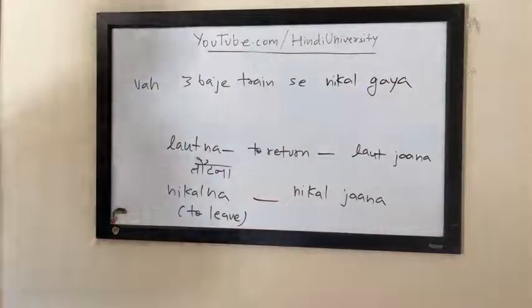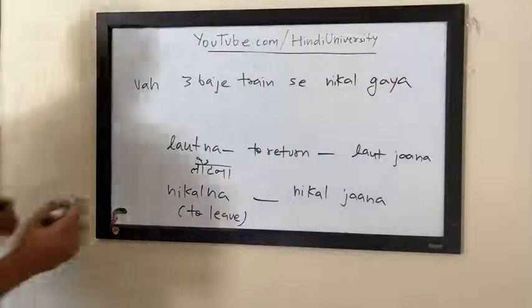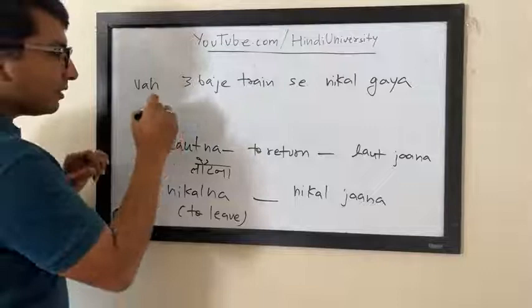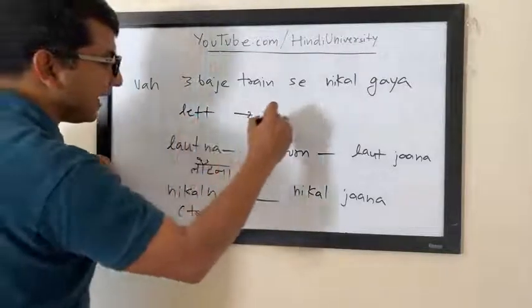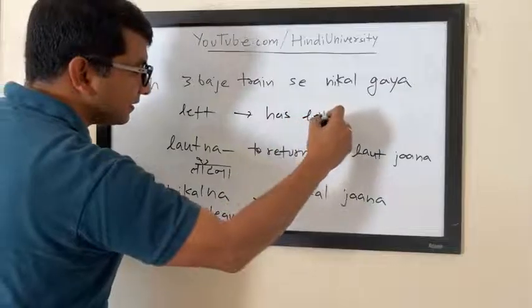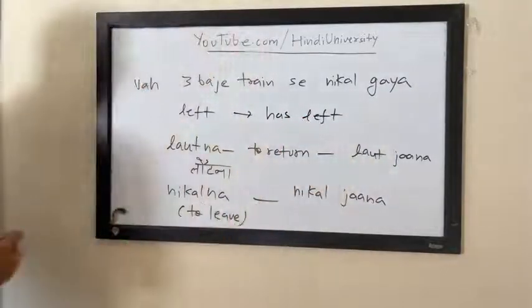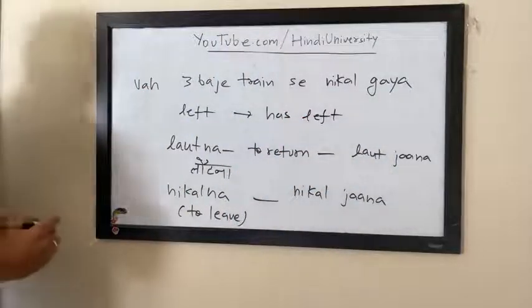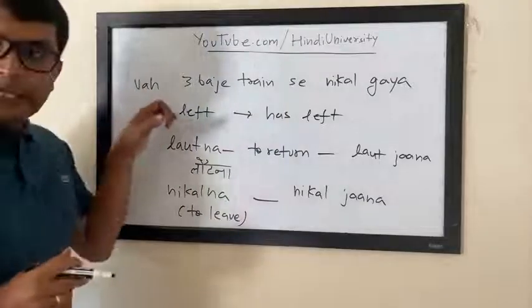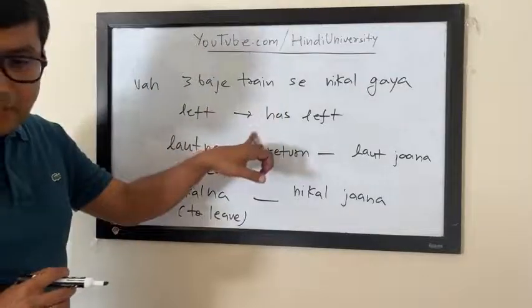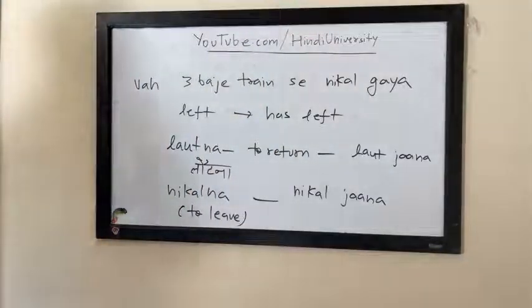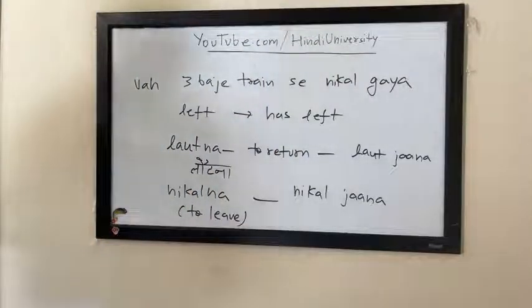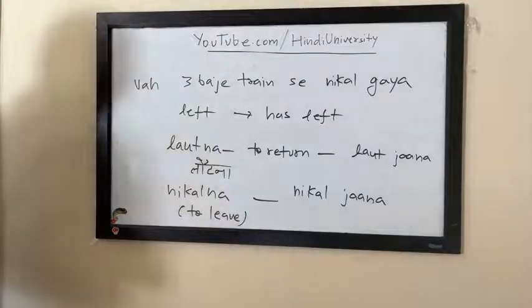Again, don't 100% quote it, but left versus has left may not work all the time. So when you say he left, वह निकला. He has left, वह निकल गया. Sort of giving that extra touch.